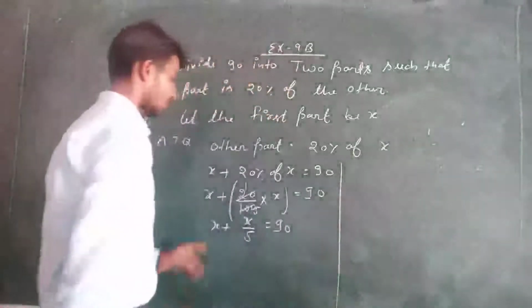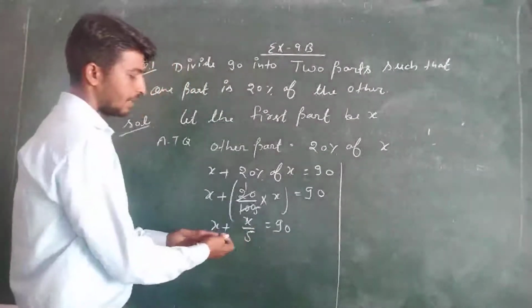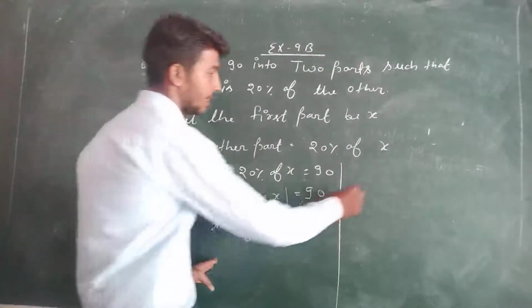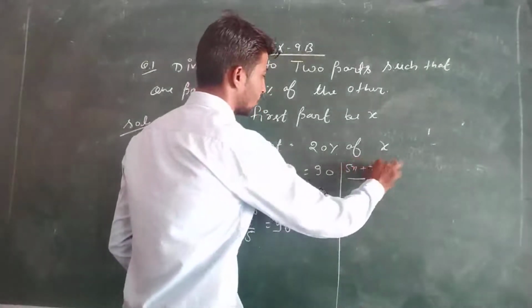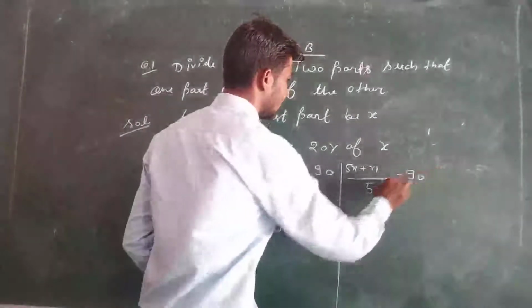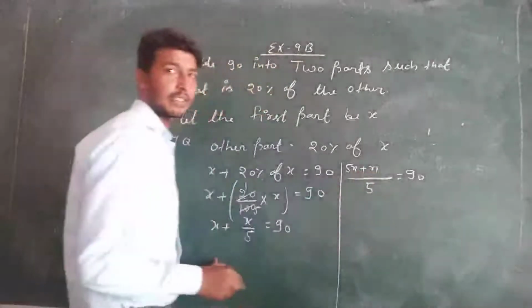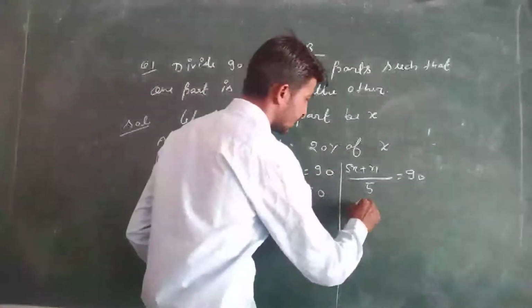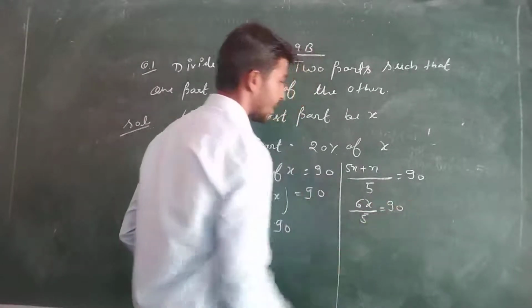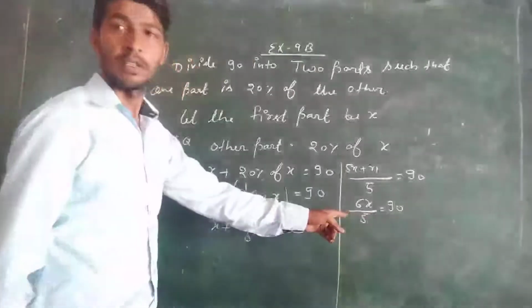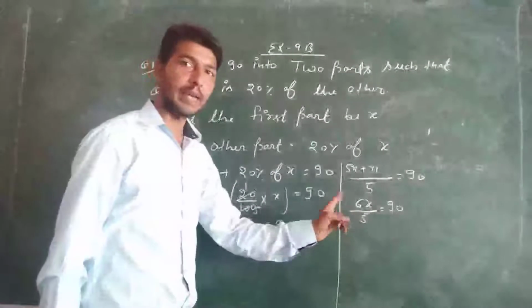Now you will take 5 as the LCM here. So 5x plus x is equal to 90, and 5x and x, this is 6x. So 6x upon 5 is equal to 90, and from here you will find the value of x.